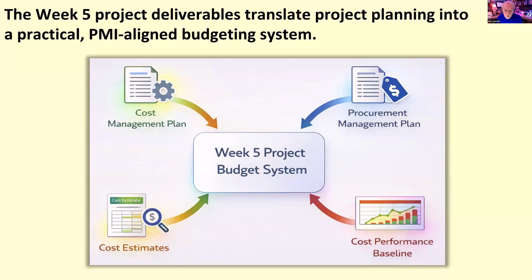Activity and procurement cost estimates provide the detailed financial assumptions that support the budget. These estimates move the project from broad planning into more specific and supportable expectations about what activities and procurements are likely to cost. The cost performance baseline then organizes those cost expectations into an approved time-phased budget structure.